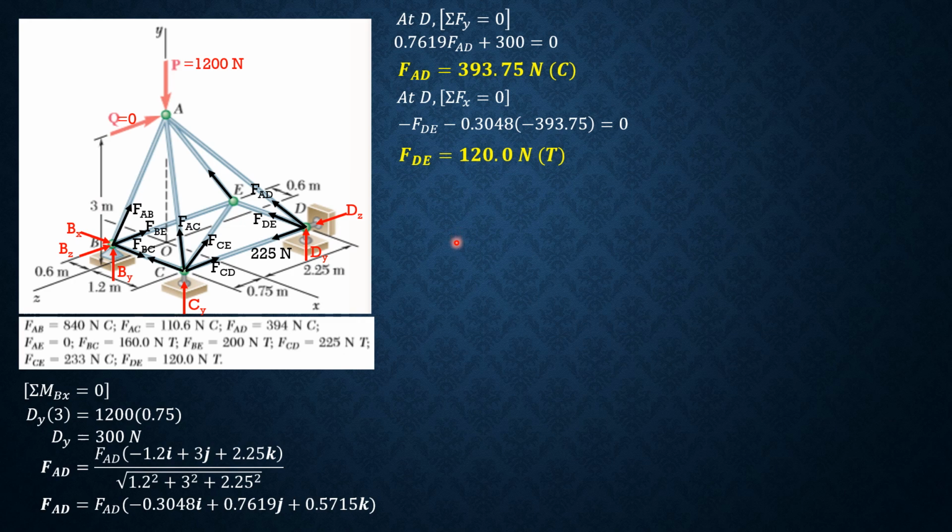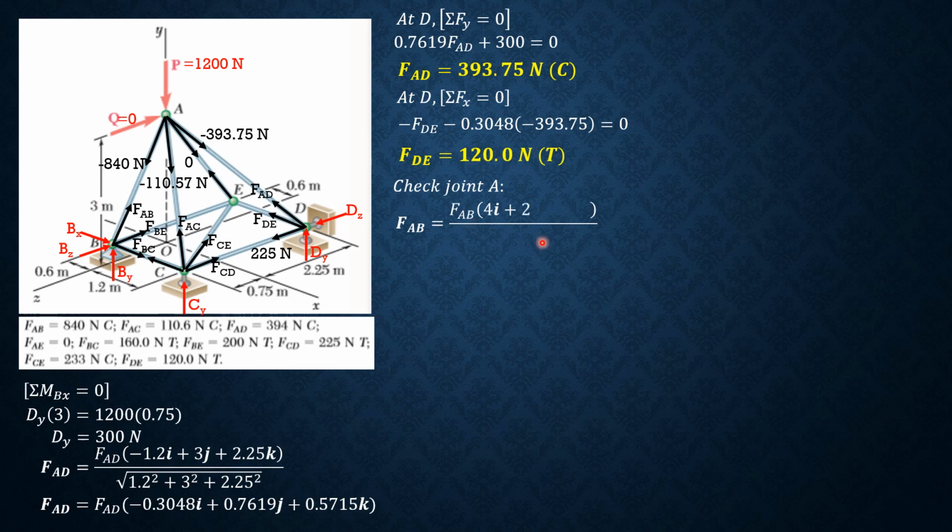So all we have to do is check if joint A is in equilibrium. So summation forces x, let's recall FAB. This FAB was negative 840. FEC was negative 110.57. Of course, FAE is 0 and FAD is negative 393.75.